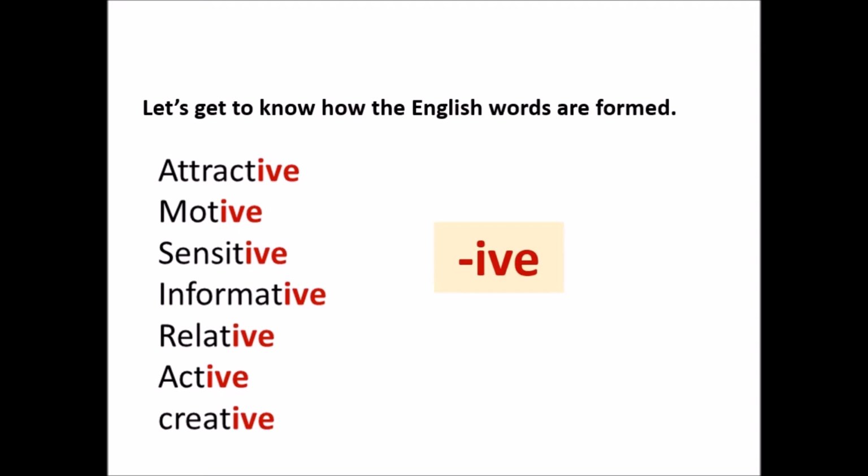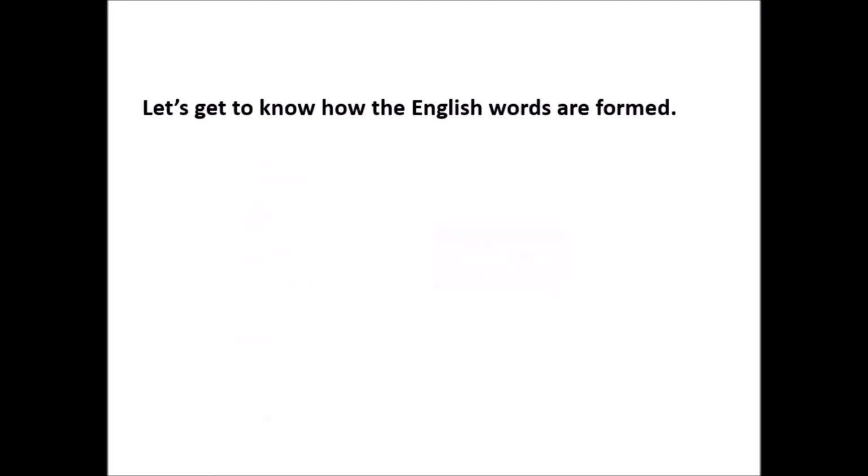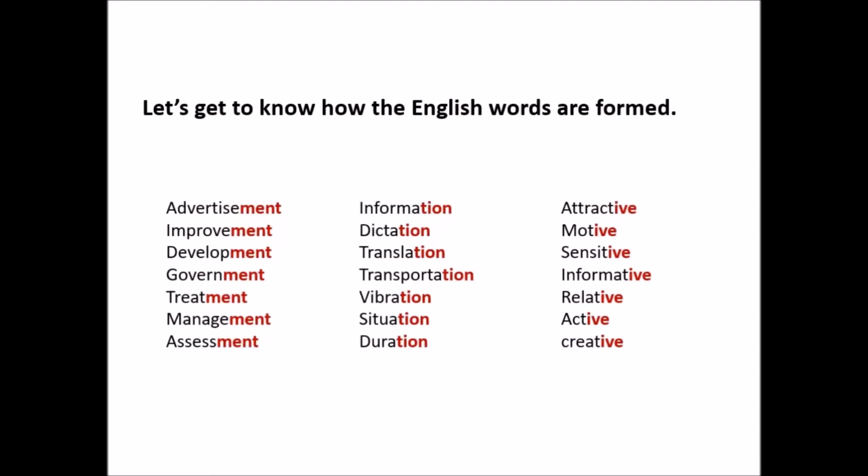Motion, motive, sense, sensitive, inform, informative, relate, relative, act, active, create, creative. We have added a few letters at the end of the word to form another word. Now let's see how these words are formed by adding a few letters at the end of the word.